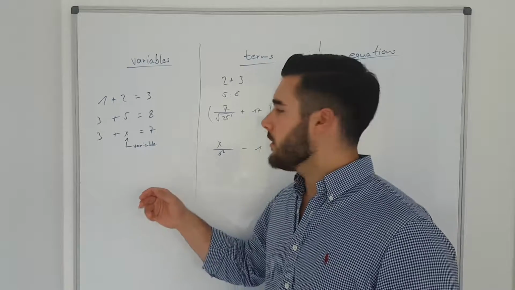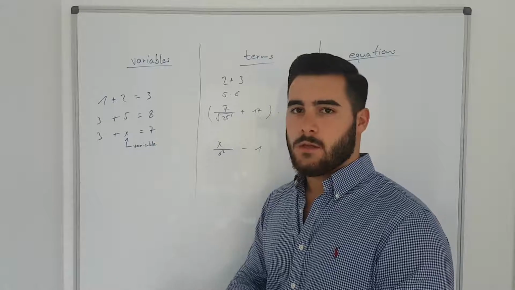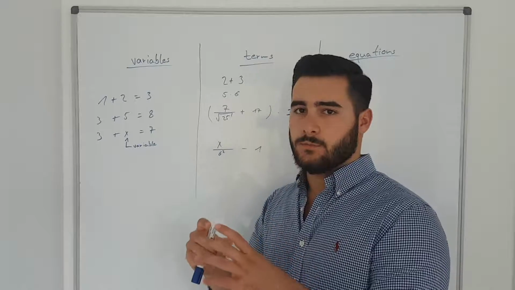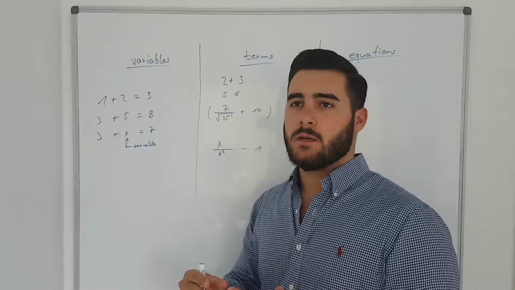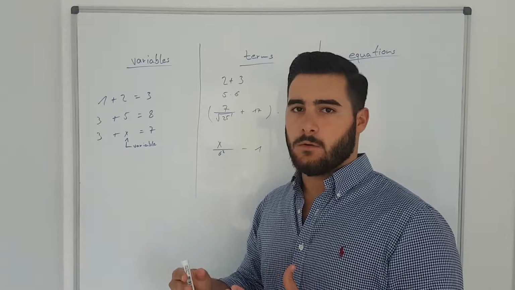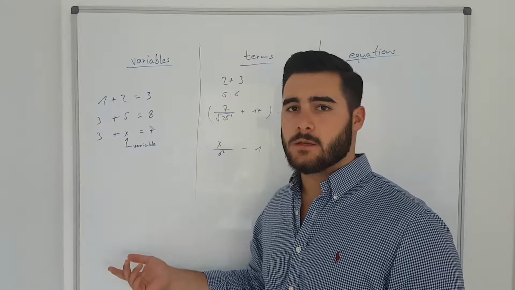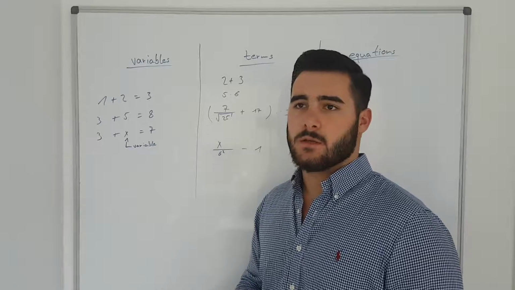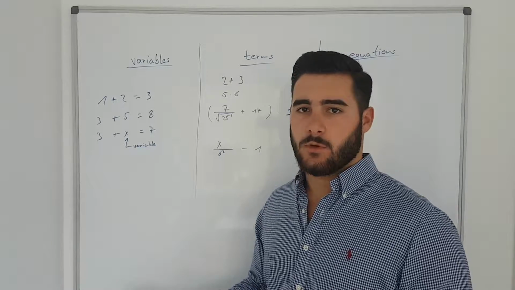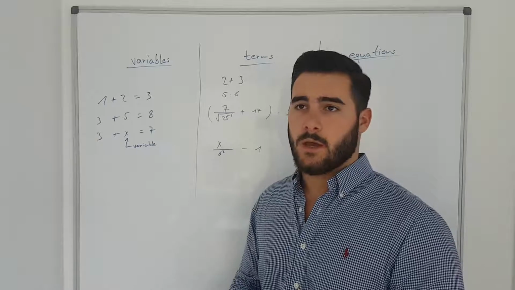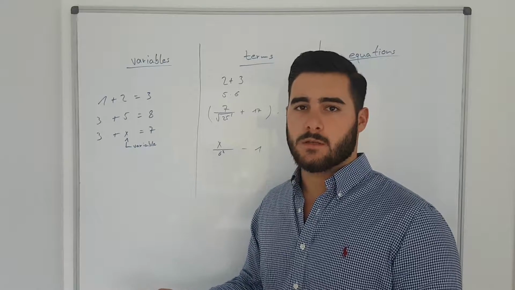But you need to understand that you have something that you don't know. And a variable is basically there to describe the unknown. The reason you use letters to define variables is that you cannot use numbers, obviously, and letters are the easiest way to describe it.